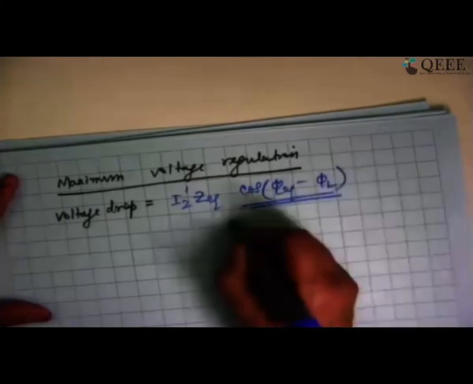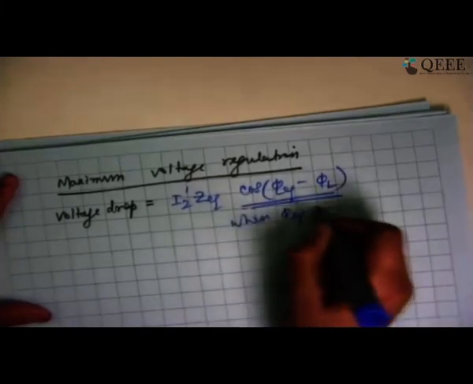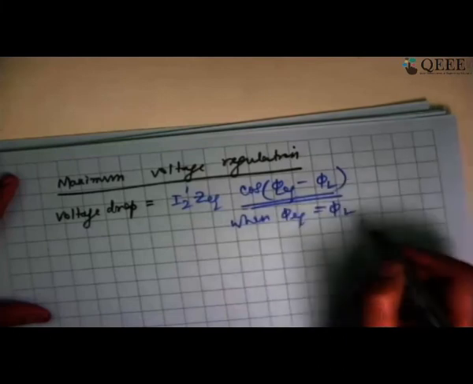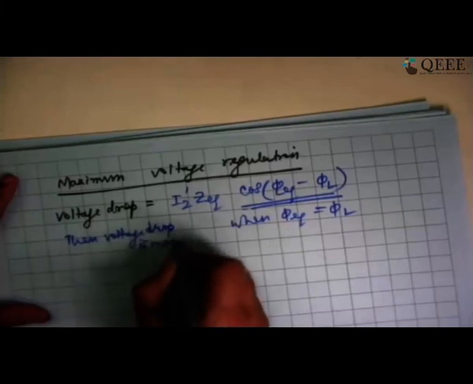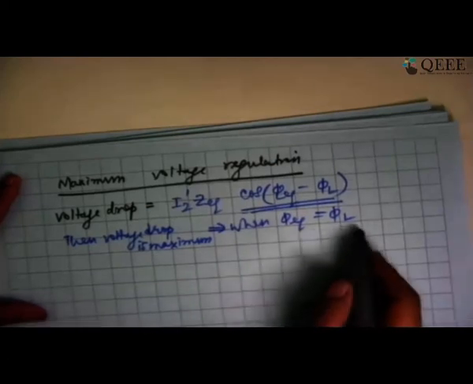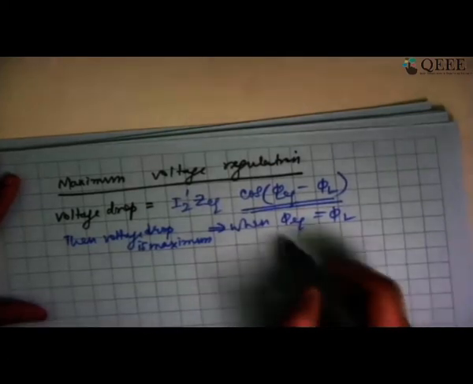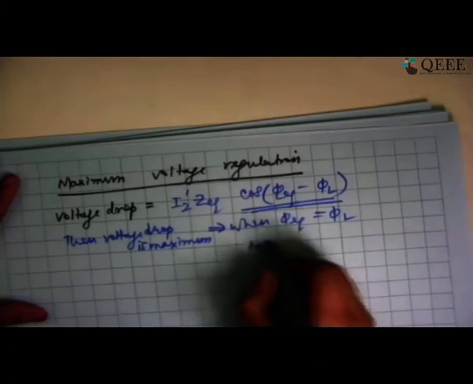So very clearly this expression is maximum when phi equivalent equals phi L. The voltage drop is maximum when phi equivalent equals phi L, that is, whatever is tan inverse of X equivalent by R equivalent is equal to the load power factor angle.